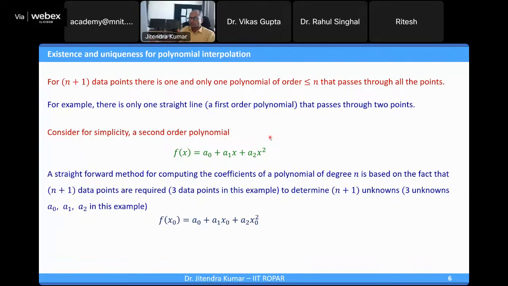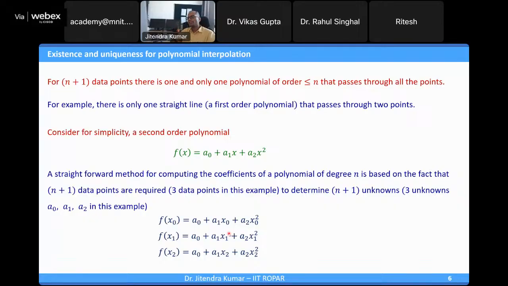For example, the 3 points are given as x0, f(x0), and x1, f(x1), and x2, f(x2). So we satisfy each point with this polynomial. So f(x0) is given, that should be equal to a0 plus a1x0 plus a2x0 square. So we want this polynomial to satisfy the given data point. So the x1, f(x1) point should be satisfied, and the x2, f(x2) point should also be satisfied.